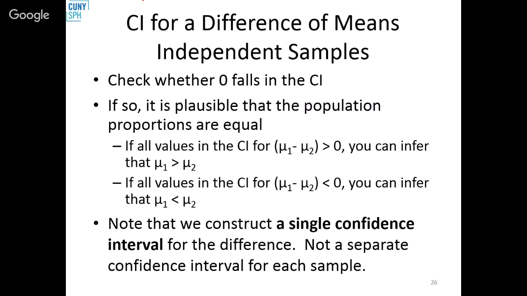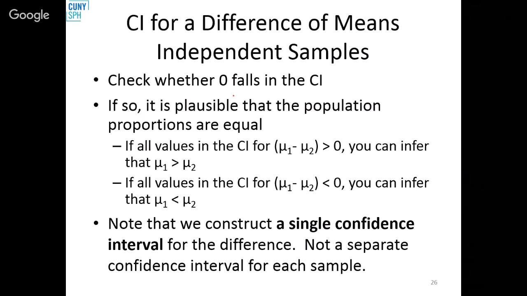I told you this already, but just to try to hammer it home, when you're constructing a confidence interval for the difference of means of independent samples, this is an equivalent way to perform a hypothesis test where you accept your null hypothesis if 0 falls within the confidence interval and reject if the confidence interval does not include 0.